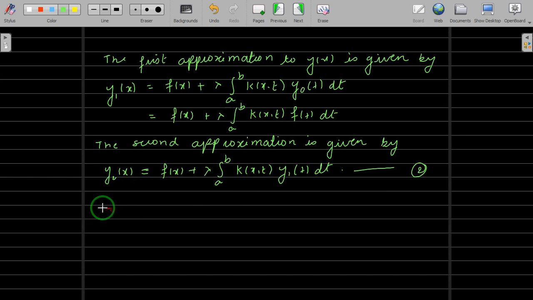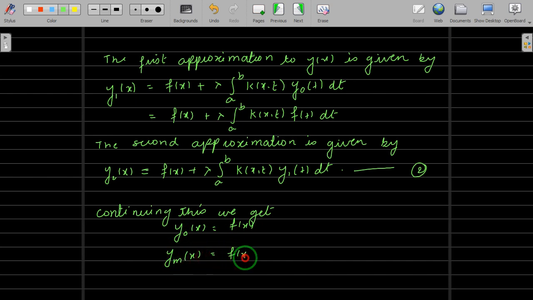Now if you continue this way, we get your zeroth approximation y0 of x to be f of x, and your mth approximation ym of x will be f of x plus lambda integral a to b k(x,t) ym minus 1 of t dt.